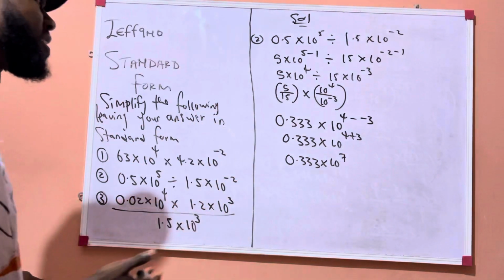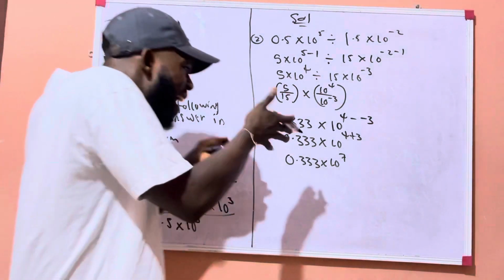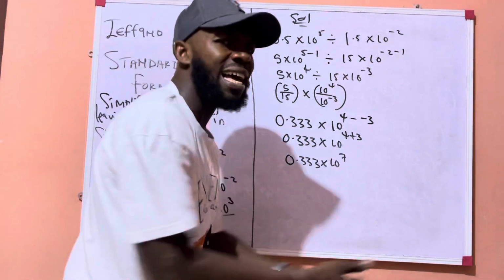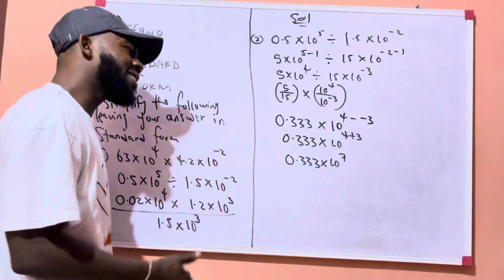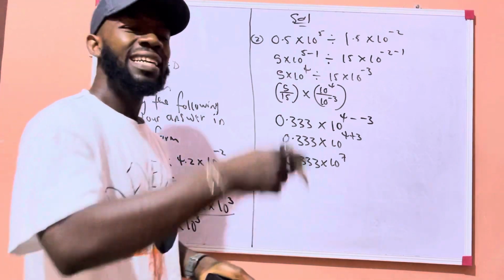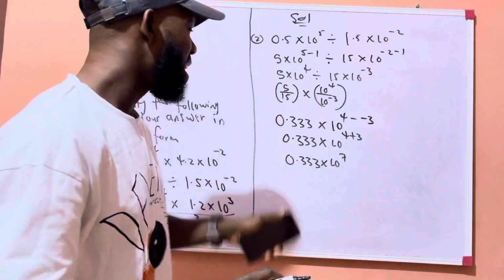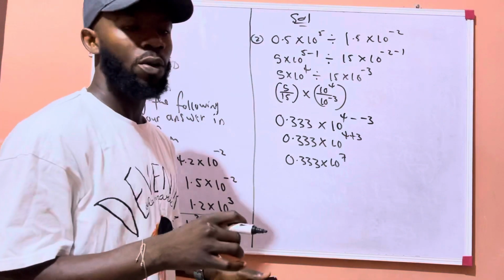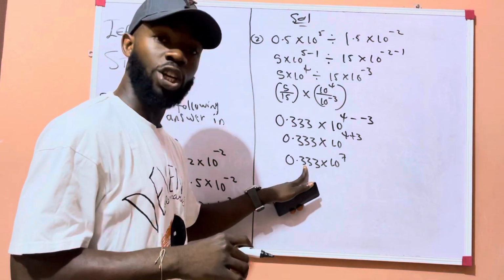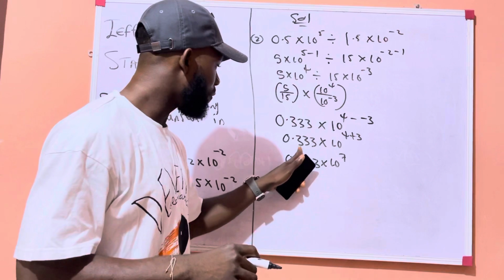But there is no way you can tell me that this answer is in standard form. No, it is not in standard form because the decimal point is not after the first significant figure. And what's our first significant figure here? 3. So my point has to move 1.